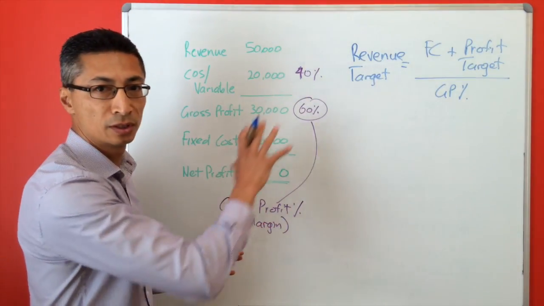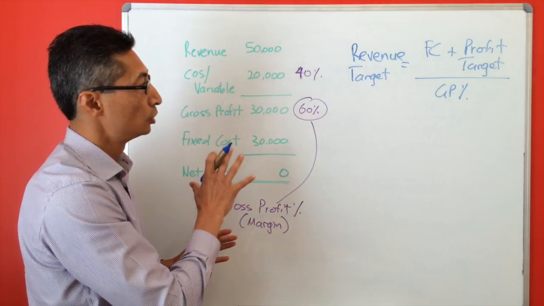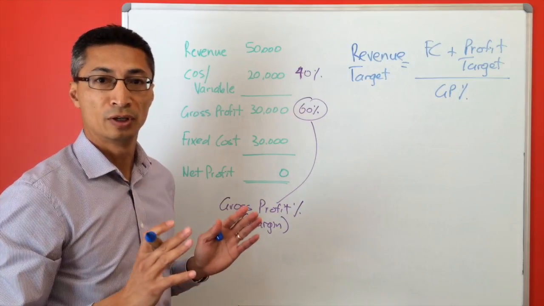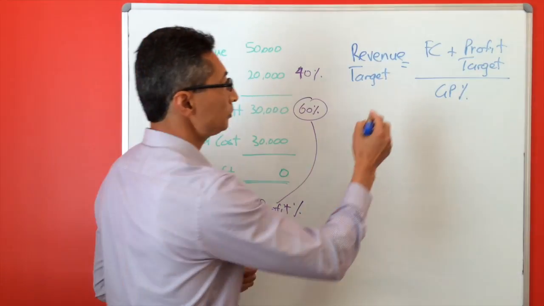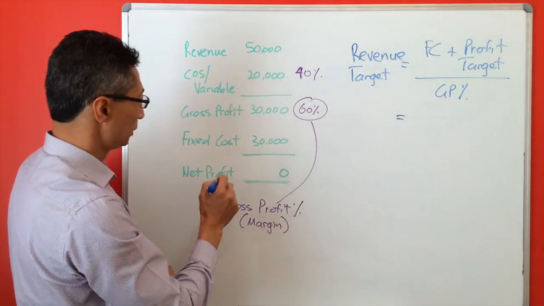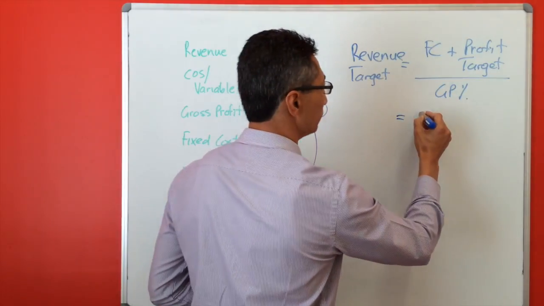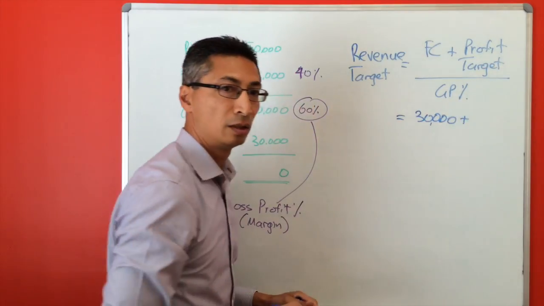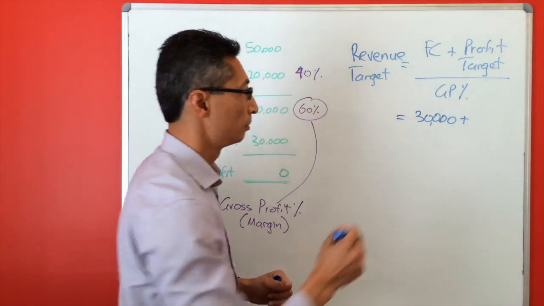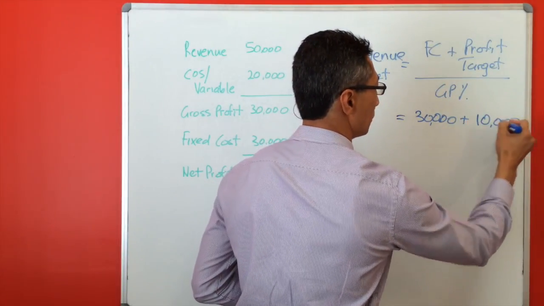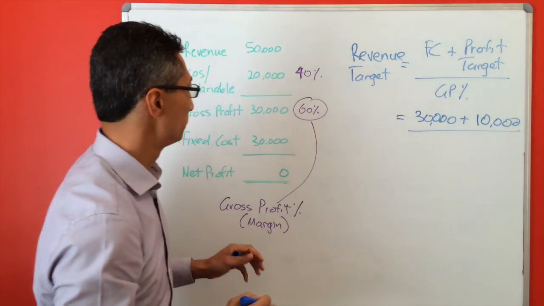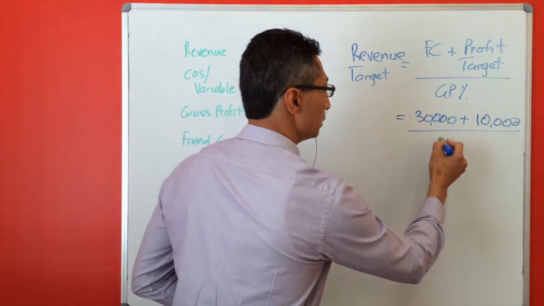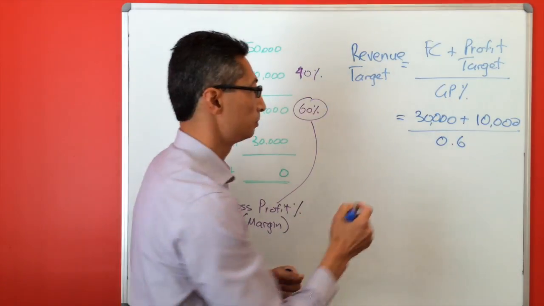All right, so let's take these figures and work out what the revenue target should be for this business, and we'll assume that they want to target a profit of $10,000 a month. So in this case, fixed costs here, 30,000. And let's say the profit target for this business is $10,000 per month. And divide that by the gross profit percentage, which is 60%. Now we need to put that as a decimal, so 0.6 is 60%.